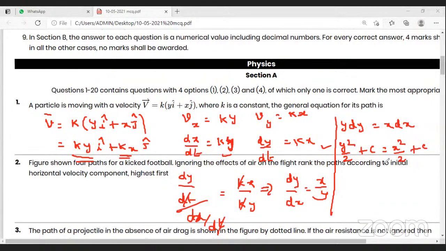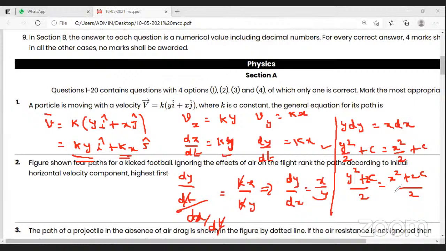Okay. Now here, by taking LCM, y square plus 2c, and 2c also can be written as some constant only, by 2. x square plus 2c by 2. 2 and 2 will get cancelled, and 2c and 2c will go to one particular side.